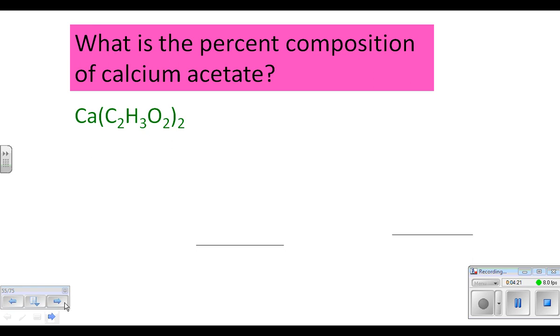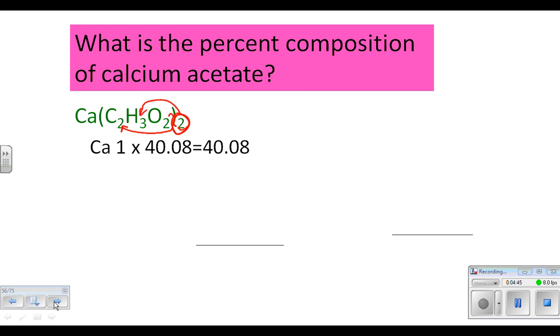And then I would look up calcium's mass off my periodic table, which is 40.08. Then, because there's a 2 outside this parentheses right here, that has to get distributed to everything inside.